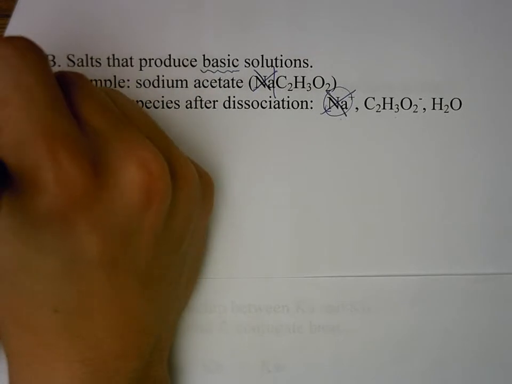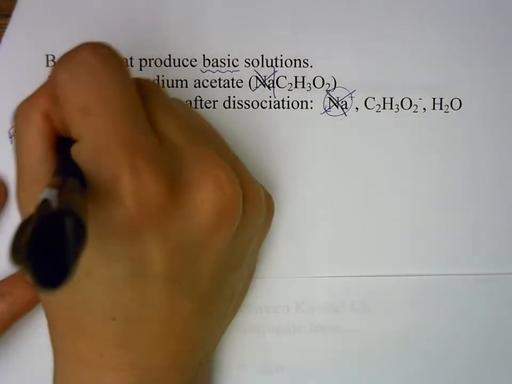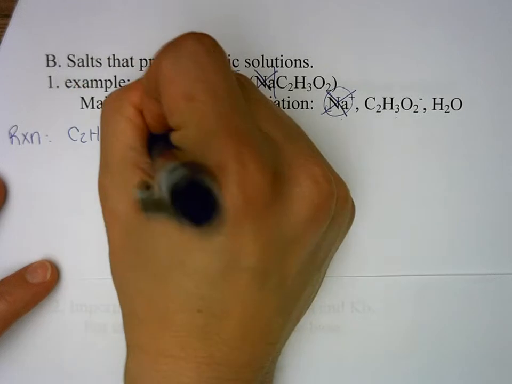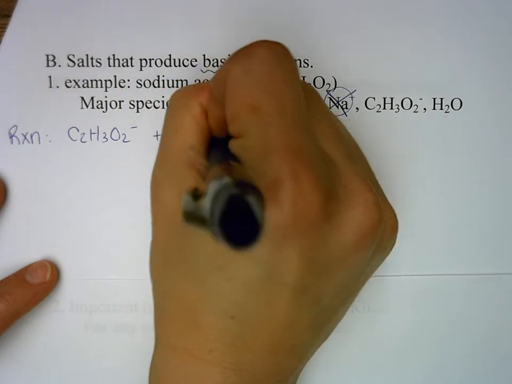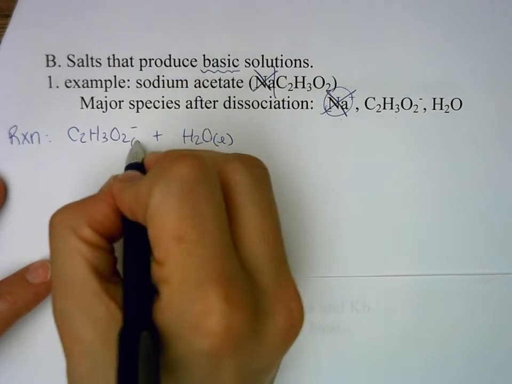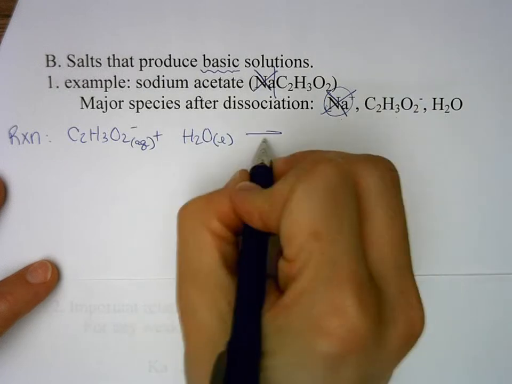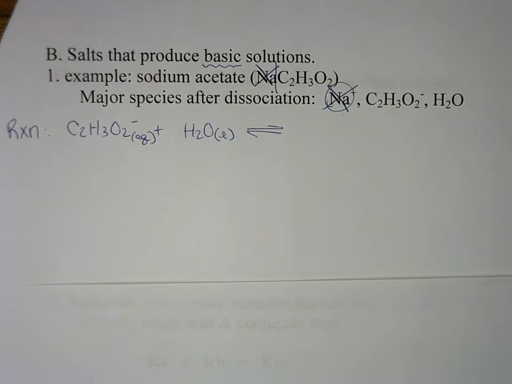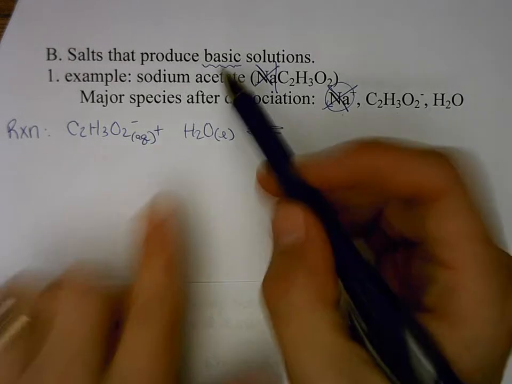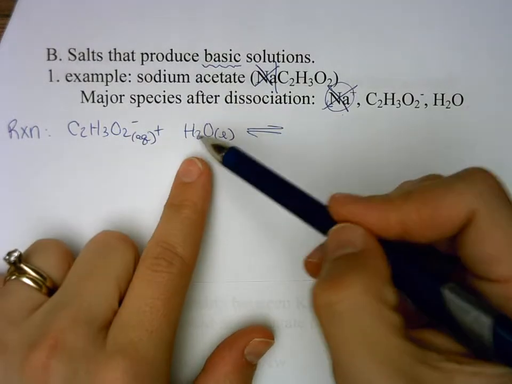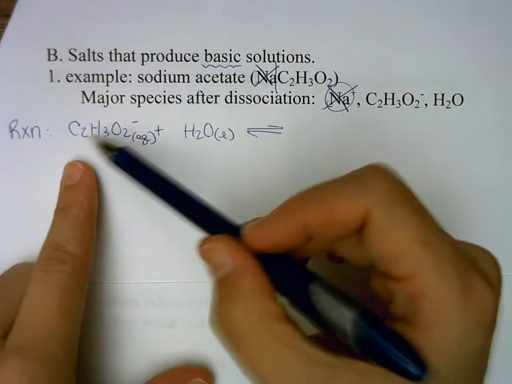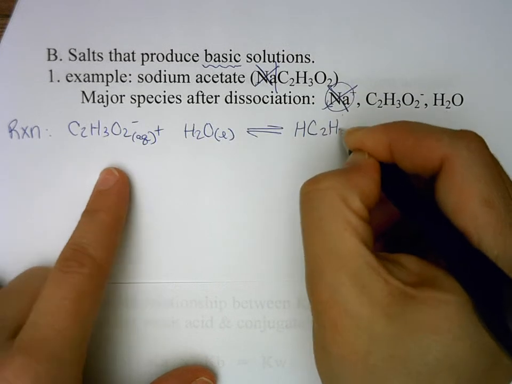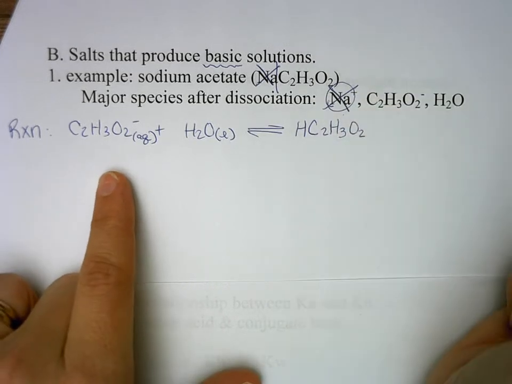If you have acetate ions, C2H3O2 minus, aqueous, in water, that's liquid, then we're going to have some hydrogen moving around here. So one of the hydrogens is going to come off of the water and hook onto the acetate ion to give me acetic acid molecules.